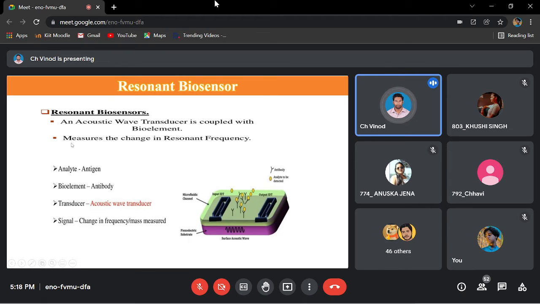For applications, we can use resonant biosensors in hearing aids. For people who have hearing defects, you can see up to what extent they can listen, and you can make devices and use certain amplifiers through which they can listen properly. So this is the first level of detection, resonant biosensors.